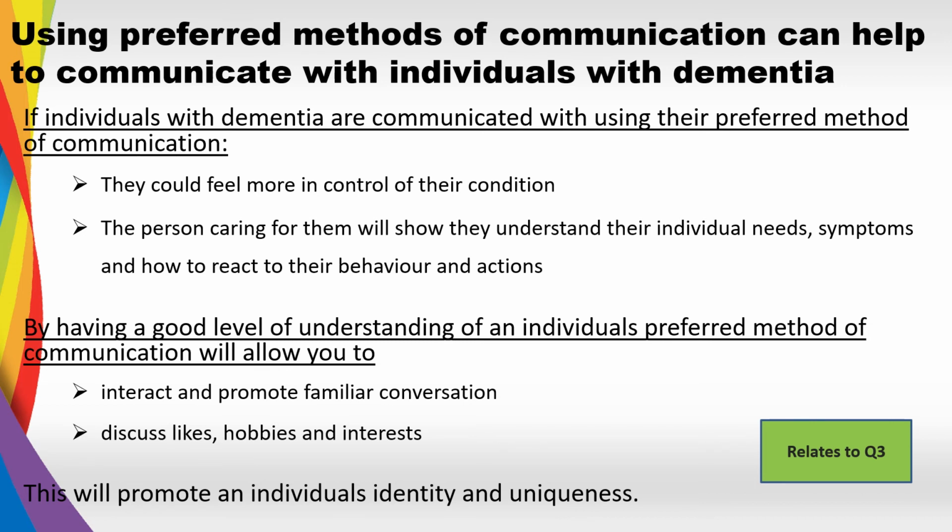So by having a good level of understanding of an individual's preferred method of communication will allow you to interact and promote familiar conversation. It will allow you to discuss likes, hobbies and interests. This will promote an individual's identity and uniqueness.